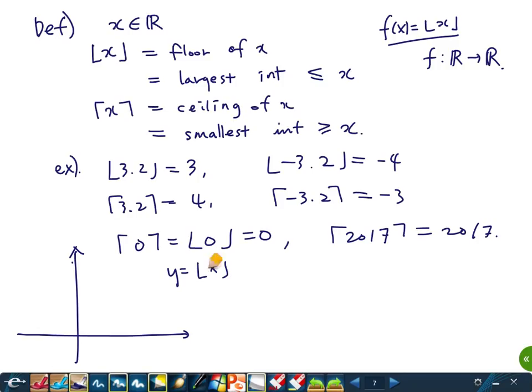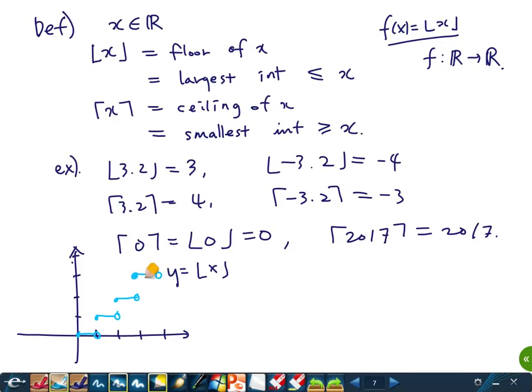It takes always integer values, right? But x can be real numbers, and the value of y is always an integer. So when x is an integer, y is x, so it must be on the diagonal line like this. When x is greater than 0 and less than 1, it must be 0. So we have this, but this endpoint is excluded. So the graph looks like this.